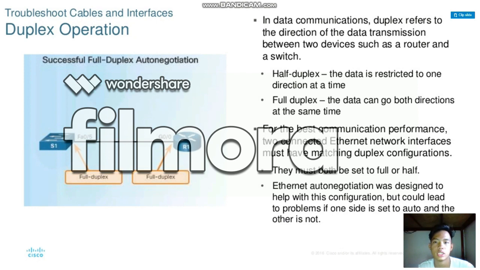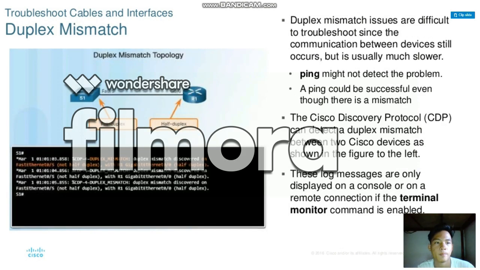Duplex operation. In data communications, duplex refers to the direction of data transmission between two devices such as a router and switch. We have half duplex and full duplex. Duplex mismatch. Duplex mismatch issues are difficult to troubleshoot since the communication between devices still occurs but is actually much slower.